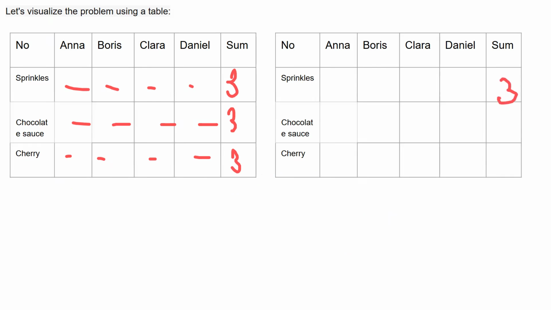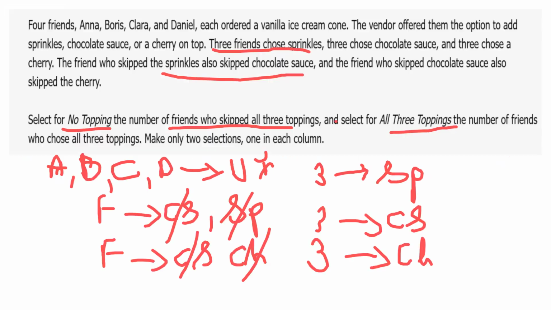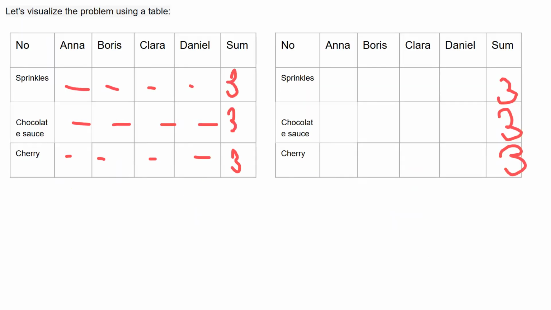Three, three, and three. Now, we know that there was a friend who skipped sprinkles as well as chocolate sauce. So let us assume that it was Anna who skipped sprinkles and the chocolate sauce.